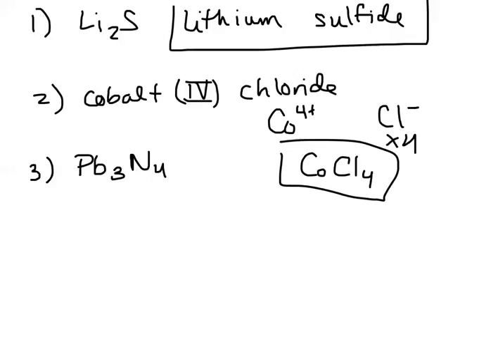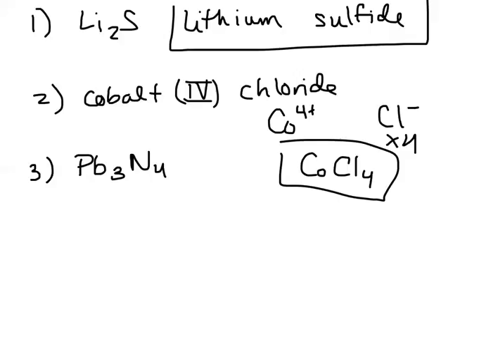So what type of cation is lead? Type 2. So we need to write the charge. Do we know the charge automatically? No, we have to figure out how it balances with the N. So what is N? Nitride, because it's the monatomic anion of nitrogen.